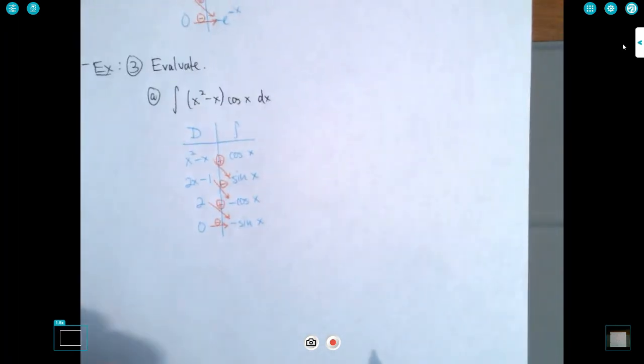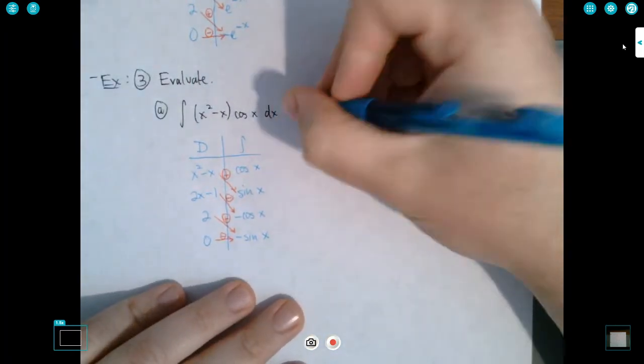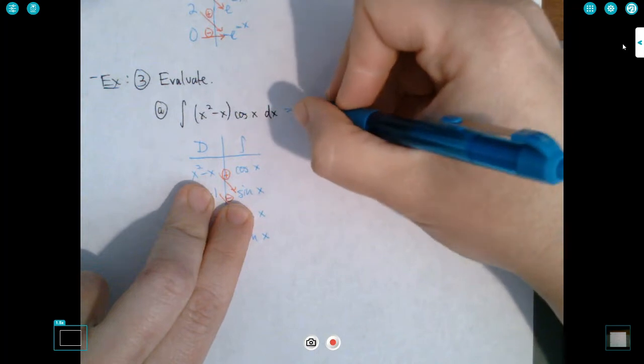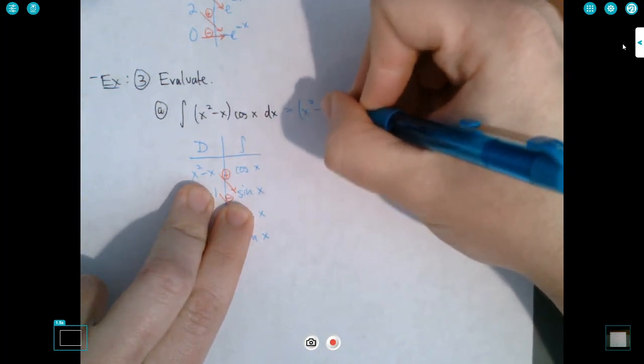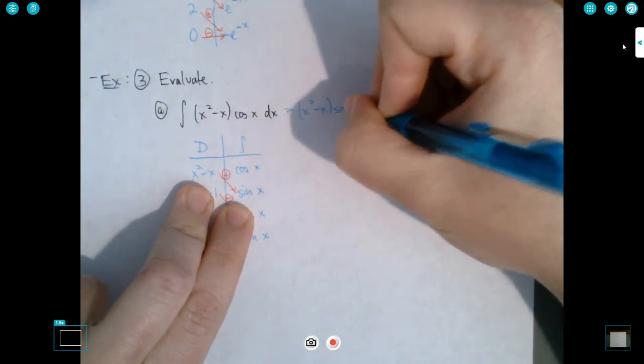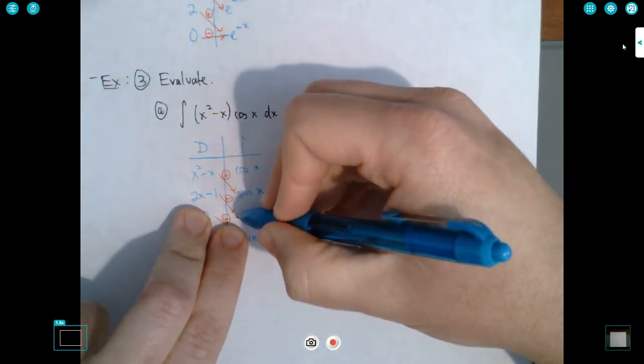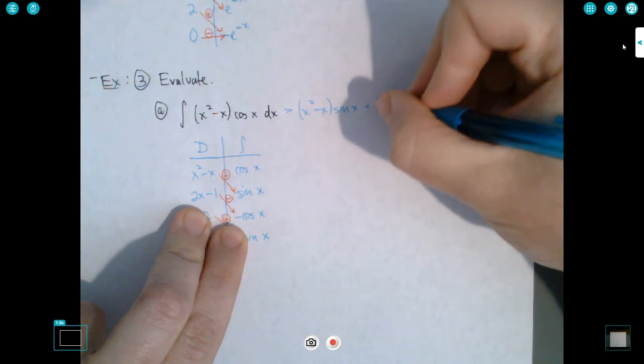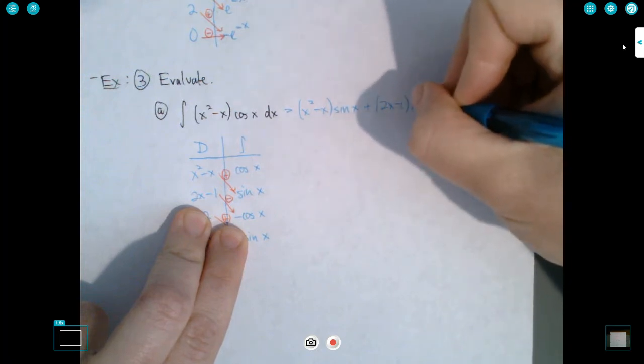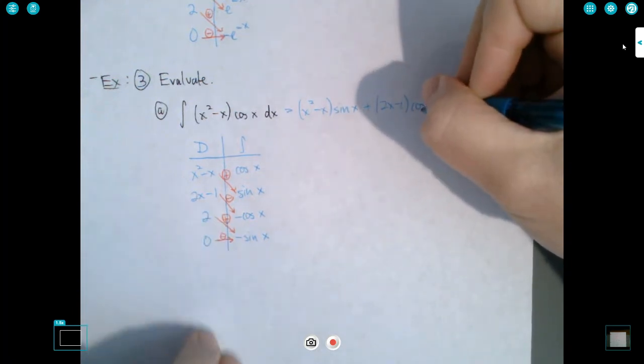Okay, so what do we get? We get (x squared minus x) sine x. This negative and that negative will cancel, so I'm just going to say plus (2x minus 1) times cosine x.